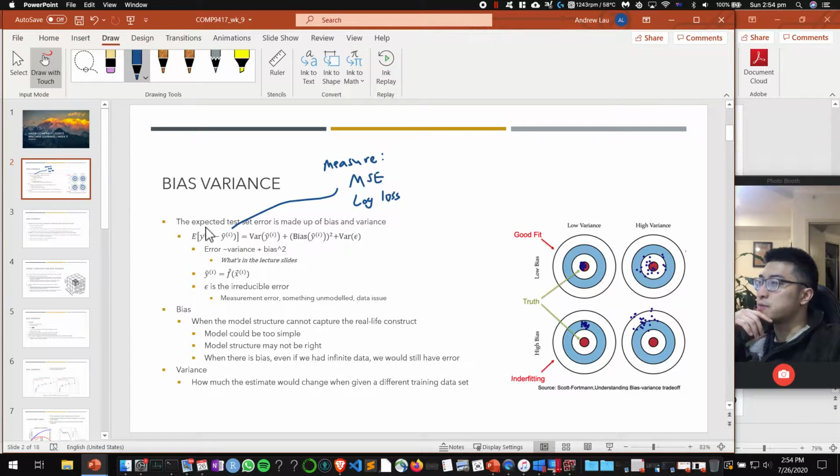So this is just some generic concept of error, which can be measured in a variety of different ways. Say mean square error from your regression, and your log loss, say, for your classification. There are a variety of different error metrics that we could be talking about, but just some sort of generic measure of error. And we can decompose it down into a few things.